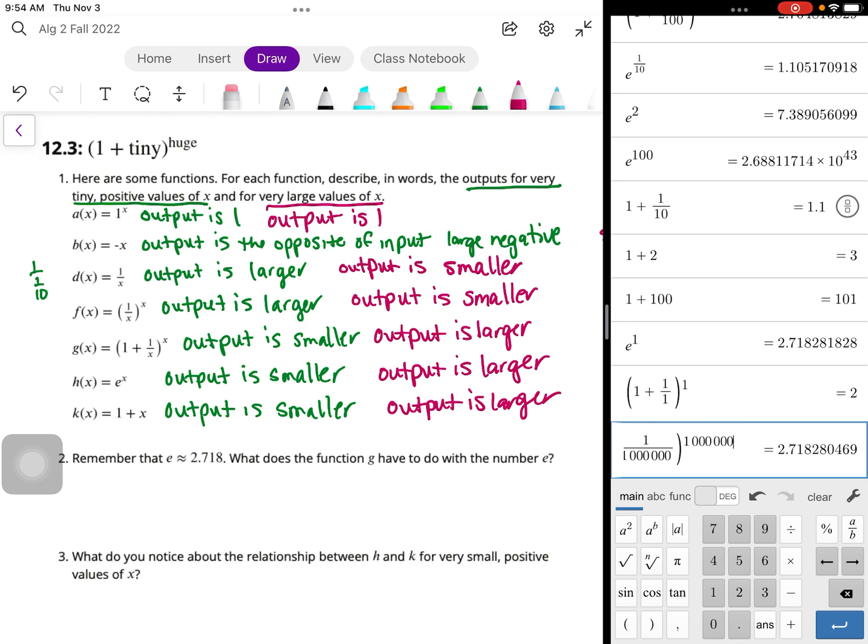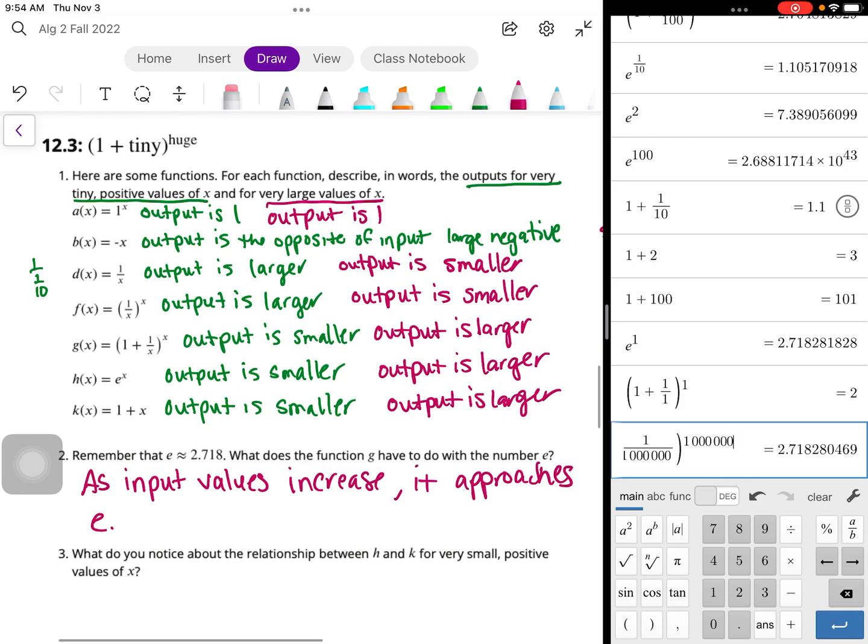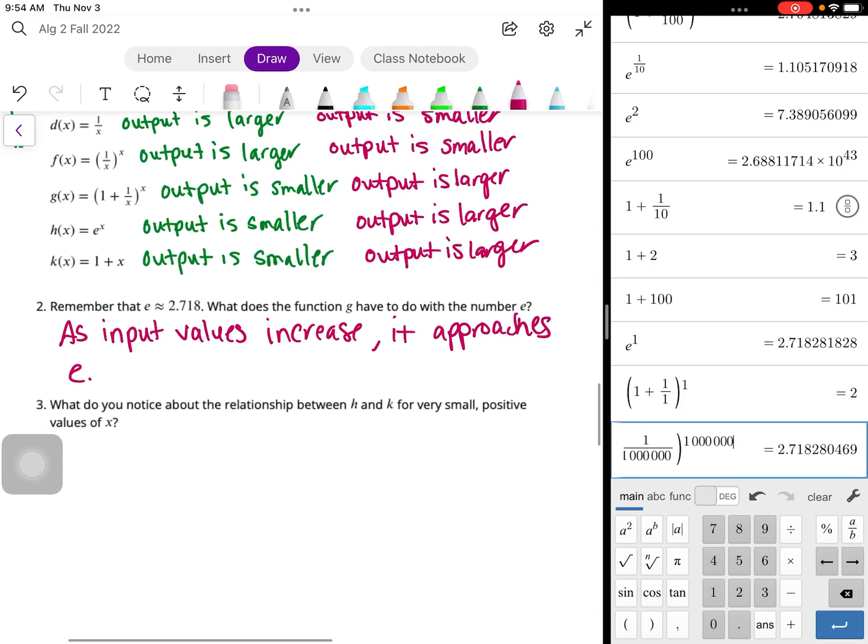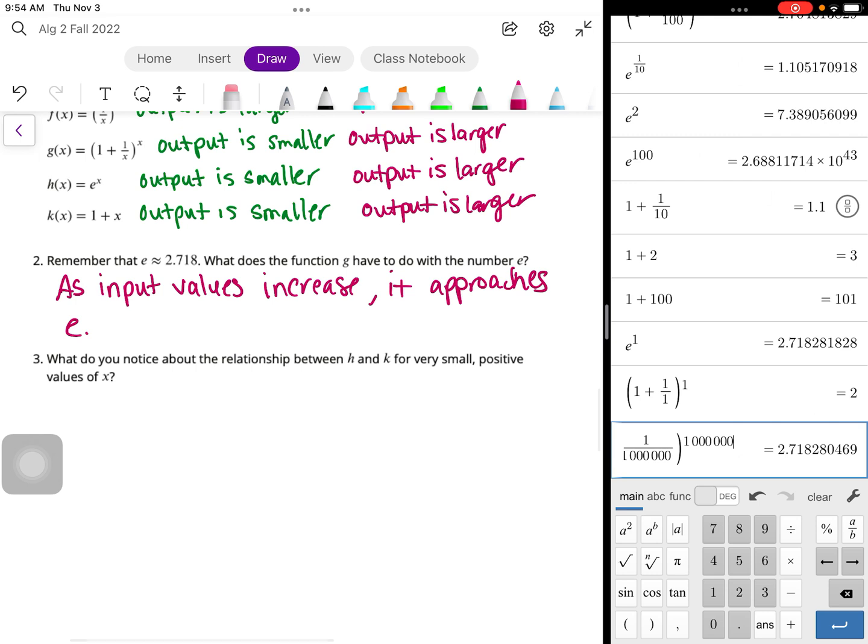So it gets closer and closer to e as the input values increase. As input values increase, it approaches e.